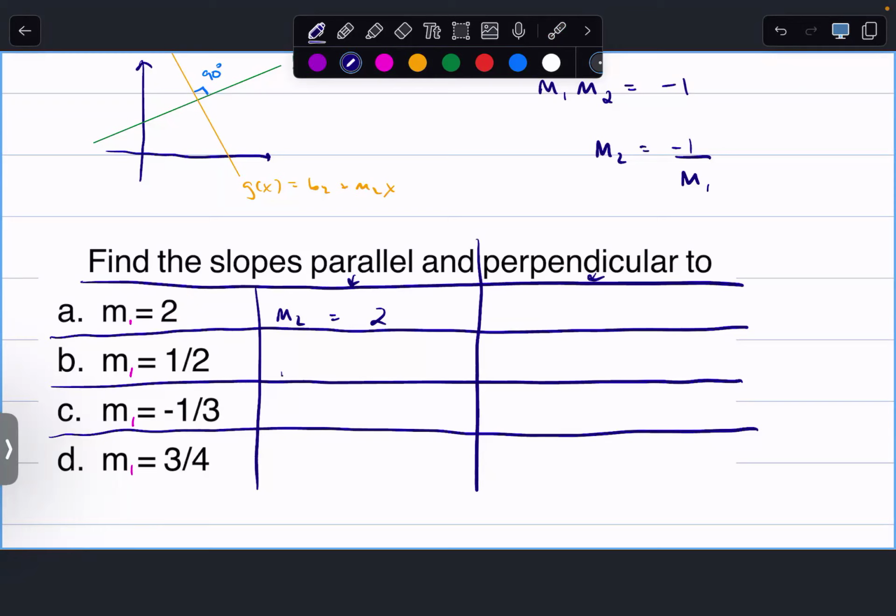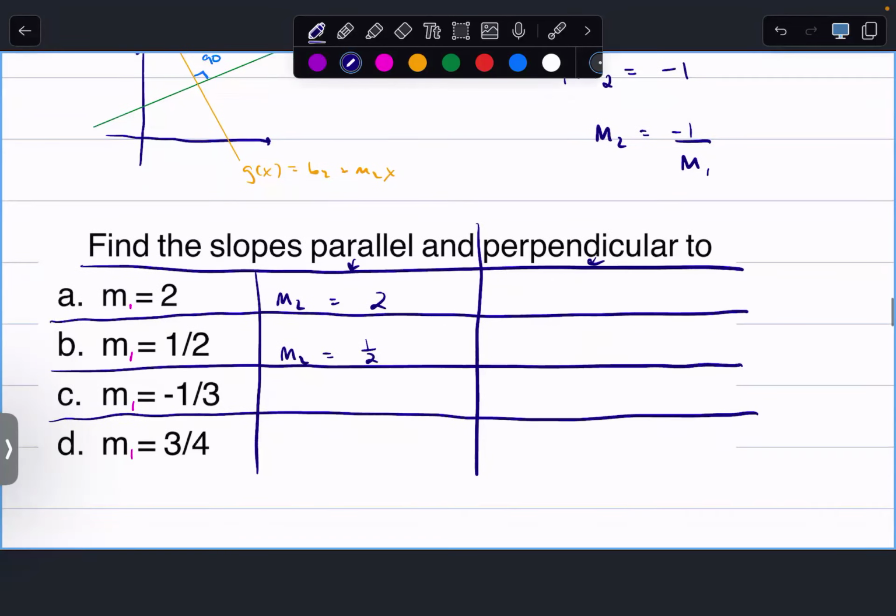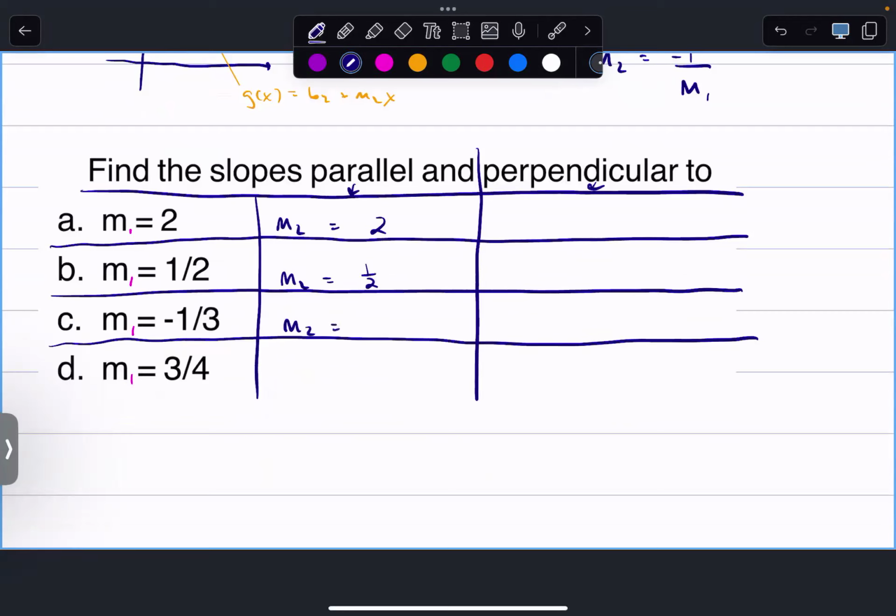But M2 must be 1/2. They're just the same by being parallel. They have to have the same slope, possibly different intercepts, or likely different intercepts. Technically, the line on top of itself is parallel, but boring.